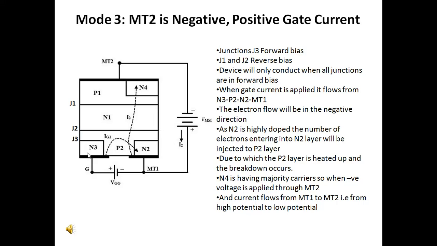With respect to this figure, what we can analyze is that junction J3 is forward biased and junctions J1 and J2 are reverse biased.